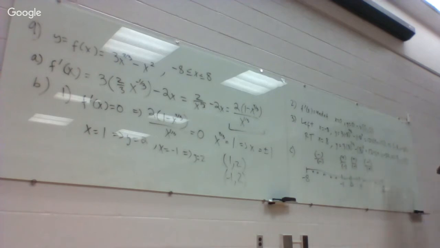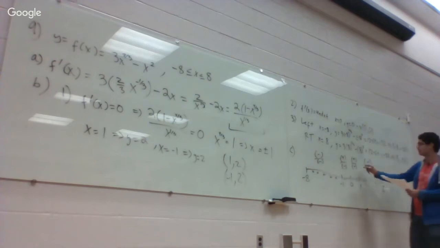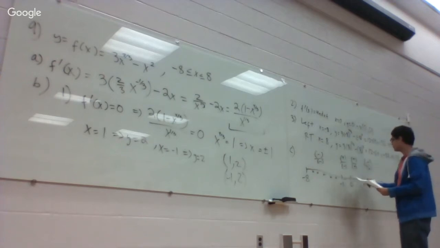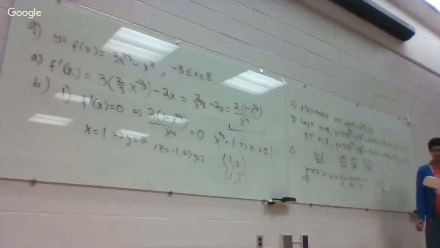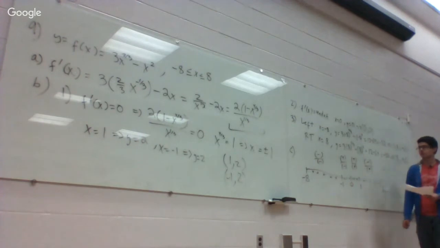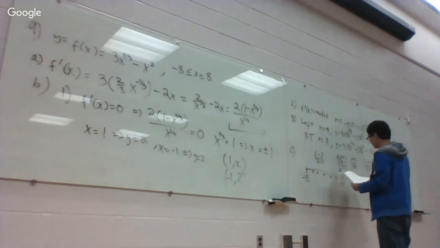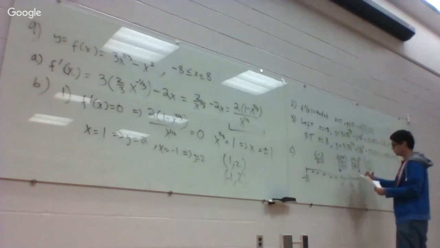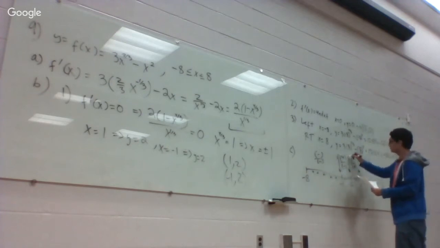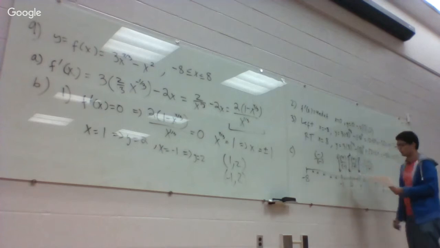Is this right? For the very last one, should it be positive or negative? Oh, there's one more mistake here. I'm missing the arrows. It's 0 at negative 1 and 1, and undefined at 0.